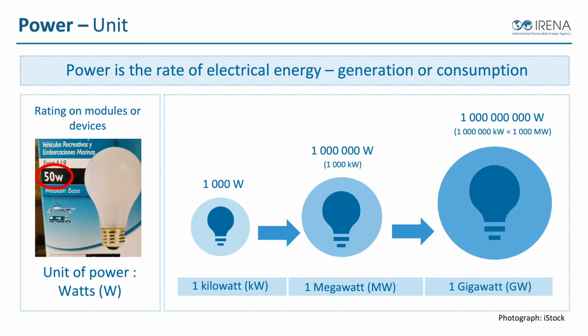So watts being the base unit, as we go up from watts, if we have 1,000 watts, we have a kilowatt. And so we go from watts to kilowatts, kilowatts to megawatts, and megawatts to gigawatts as we increase the amount of watts or the amount of power that we're either producing or consuming at any given moment.